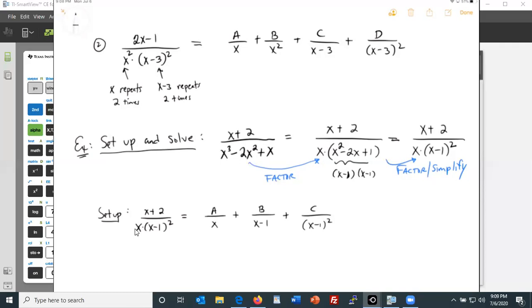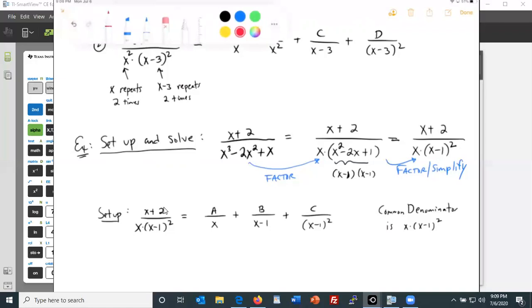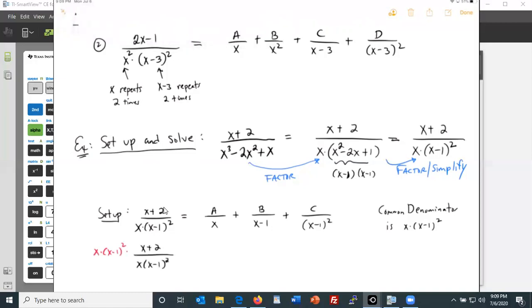All right, now, the common denominator is x times (x - 1) squared. The left side gives it away, right? I don't know if you noticed that in some of the previous problems, the denominator of the left side is your common denominator. Now we multiply everything by x times (x - 1) squared, times (x + 2) over x times (x - 1) squared.